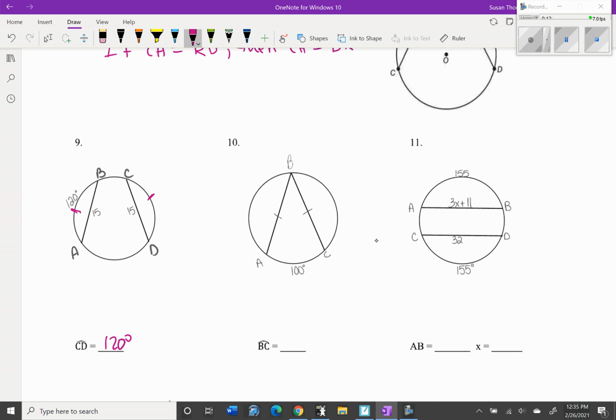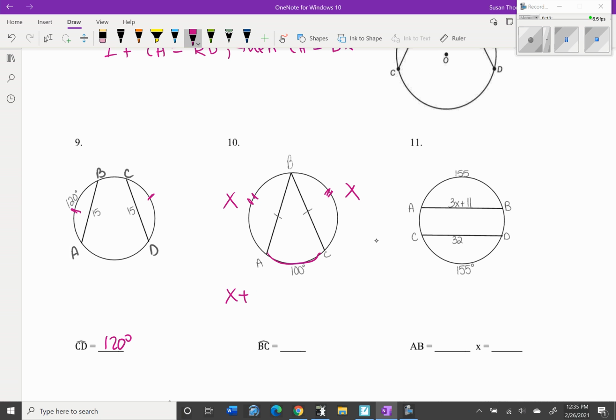For the next one, we see the two lines, which tells us that AB and CB length are congruent. So that means that this arc here and this arc here are congruent. And if we want to figure out what BC is, we can use the fact that we know this is 100 to solve. So we know there's 360 degrees in a circle. So let's call this X and this X over here.